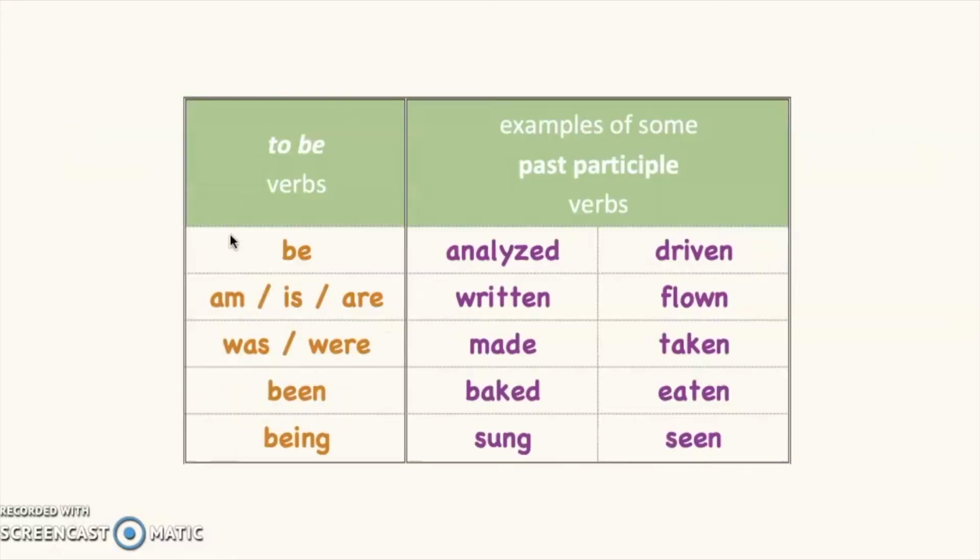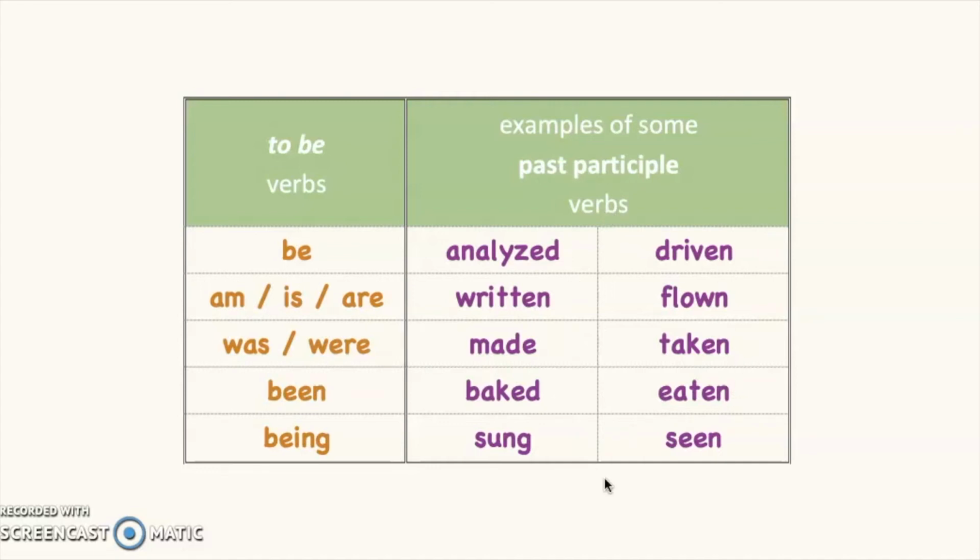So here are the to be verbs: be, am, is, are, was, were, been, and being. So one of these is going to be in the passive verb, and then the next word is going to be the past participle verb.